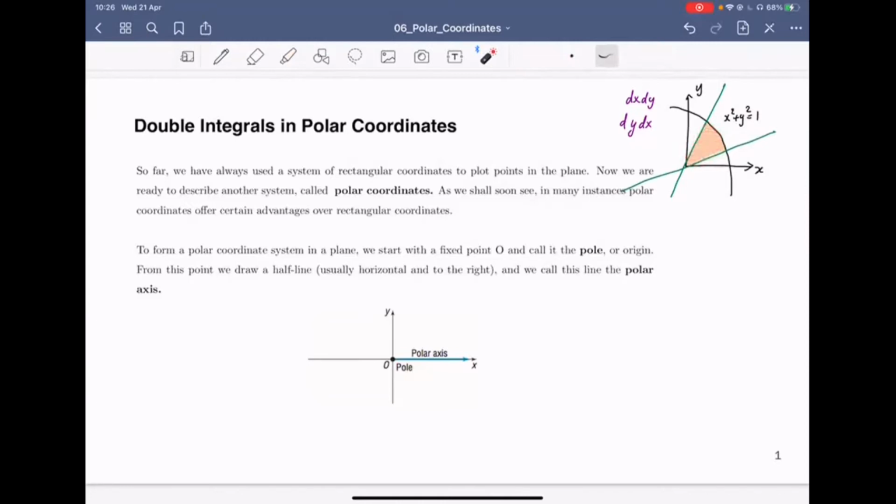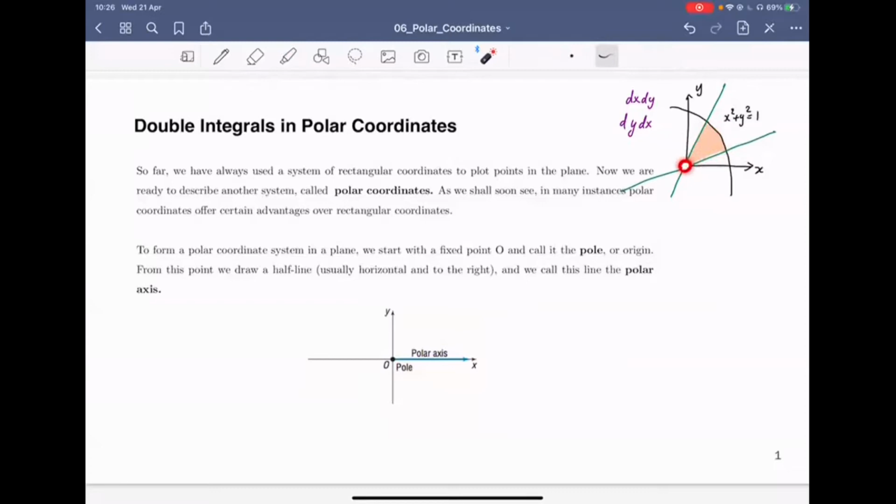The idea of polar coordinates is that we're going to define another coordinate, so we can do a cut like that here. If you do the cut like that, it is going to be a lot easier, right? Because you don't have to split the region at all.